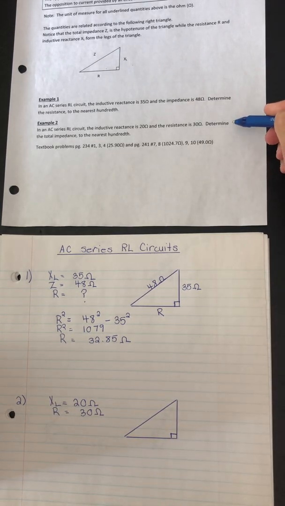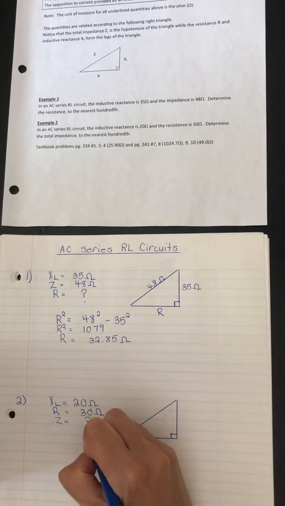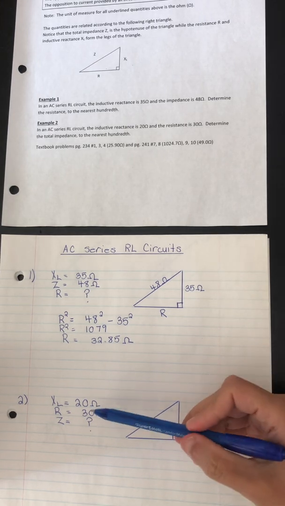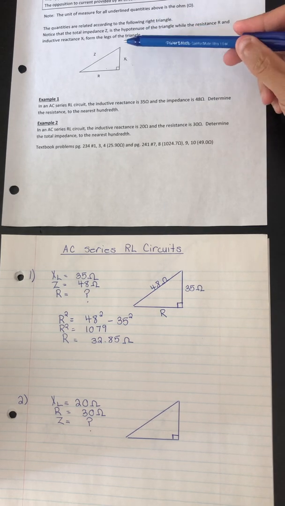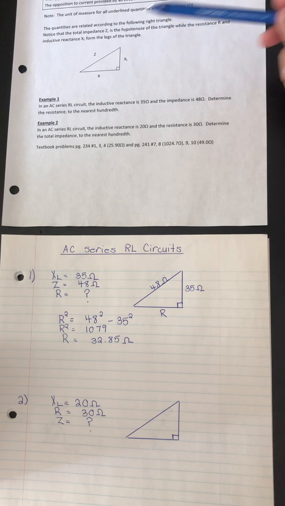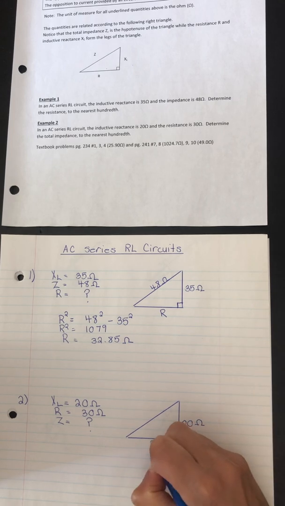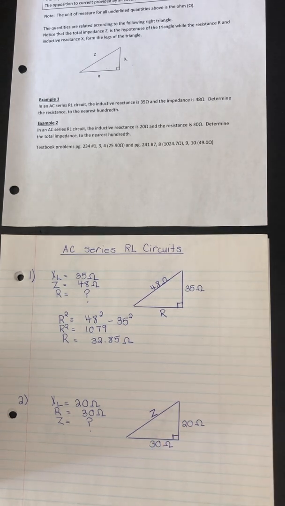We're trying to determine the total impedance, and that is Z. So we begin by placing these quantities on the right triangle, again, with reference to this general triangle here. So what does this mean? We put 20 ohms here, 30 ohms here, and Z here.